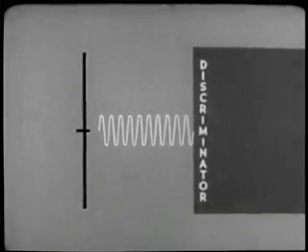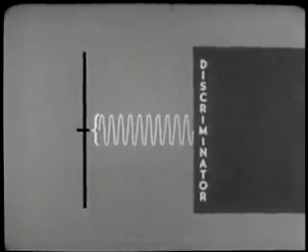This horizontal line represents the frequency range of the carrier. It also will represent rest frequencies. This line will represent the maximum deviation above rest frequency. And this line will represent the maximum deviation below rest frequency. On this scale, we will see the frequency of the carrier as it arrives at the discriminator.